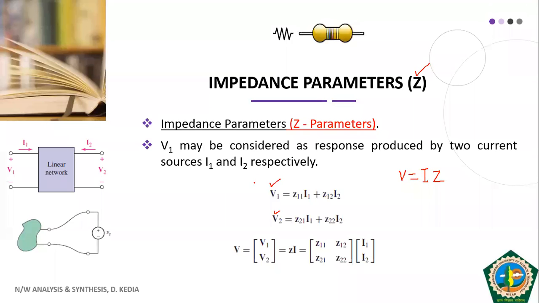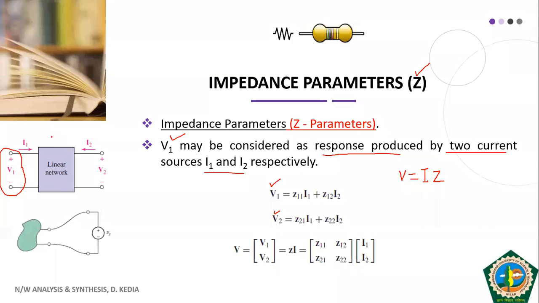So the way we had discussed the representation of Y parameters as a superposition of two current components, similarly here we can say that your V1, that is your voltage at the input port, may be considered as the response produced by two current sources I1 and I2 respectively.